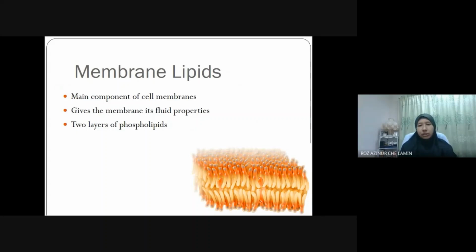This is the structure of the membrane lipids, which mainly are components of the cell's membrane. It also can give the membrane its fluid properties. Most of the membrane lipids consist of two layers of phospholipid.